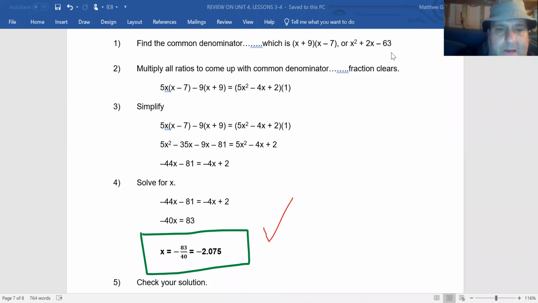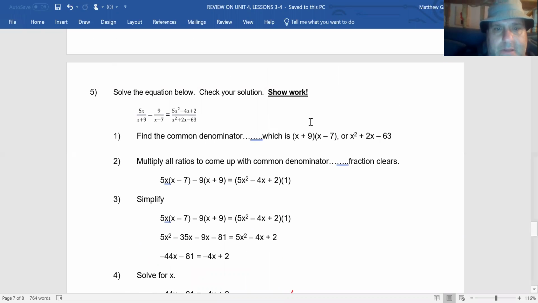Okay, so number 5 comes out to negative 2.075, which is negative 83 divided by 40. Let me show you what I did to get those numbers. Common denominator, as we said, was x plus 9 and x minus 7. So 5x gets multiplied by x minus 7, which I show down here.